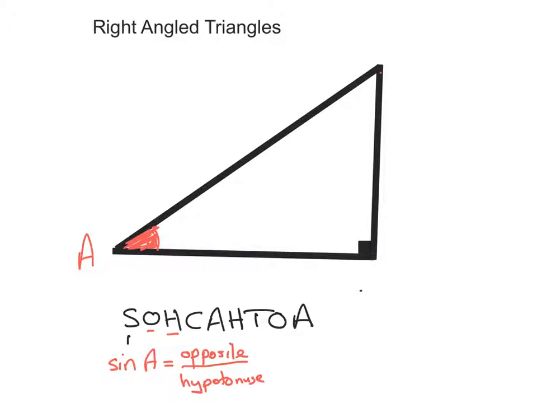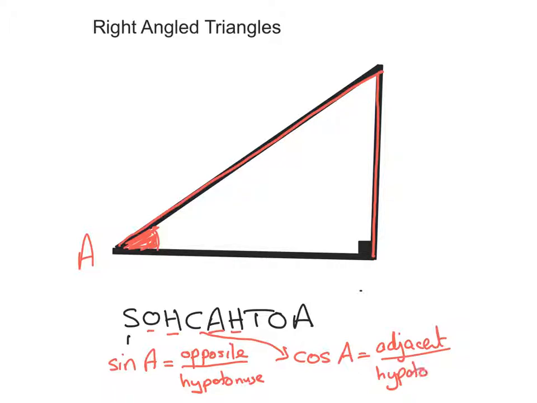So that will be the length of this side here divided by that length there. And in questions you'll be given numbers. This one, the C, means cos of angle A will be the adjacent over the hypotenuse. So the adjacent divided by the hypotenuse. And that will be this side here divided by the hypotenuse.